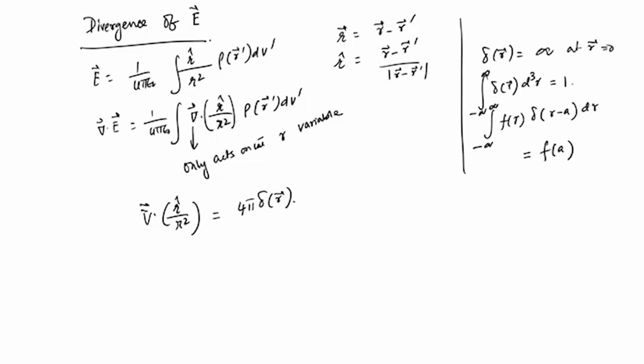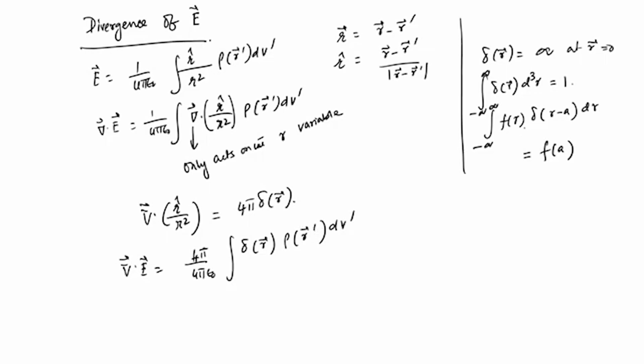Okay. So, the divergence of E then comes out as 1 over 4 pi epsilon 0, we have this 4 pi which we can bring there, and we have a delta of r and rho of r prime dv prime.